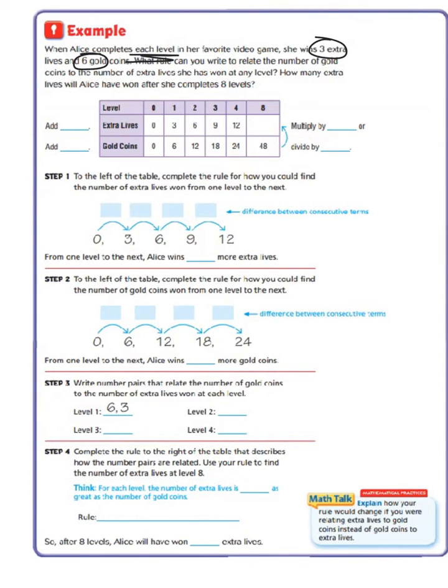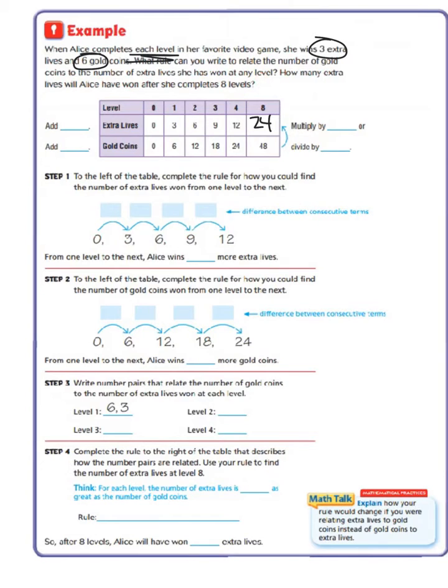So the next one would be 8 times 3, which would be 24, and 8 times 6 would be 48. So the question then becomes, what rule can you write to relate the number of gold coins to the number of extra lives she has won at any level?